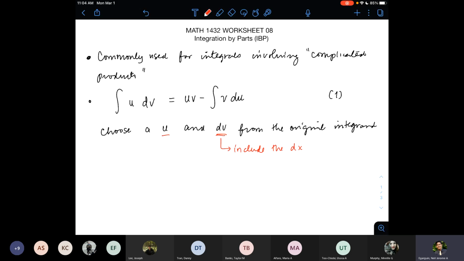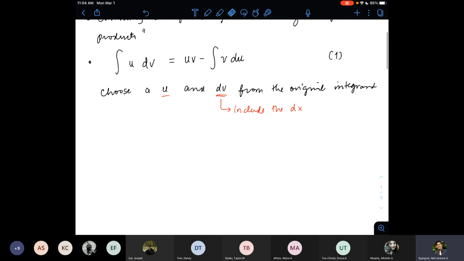Because remember, even if you were able to apply the formula for IBP, you'll still come up with an integral, but this time the integral of v du. So your goal here is to choose u and dv so that the integral of v du is much easier to evaluate than the integral of u dv. Right? So this is a very powerful tool.